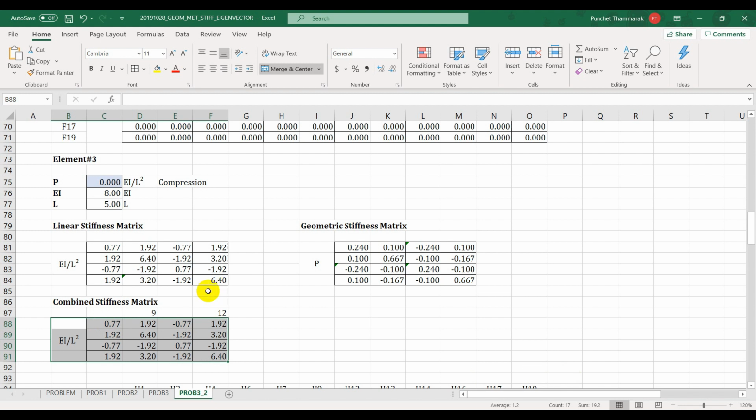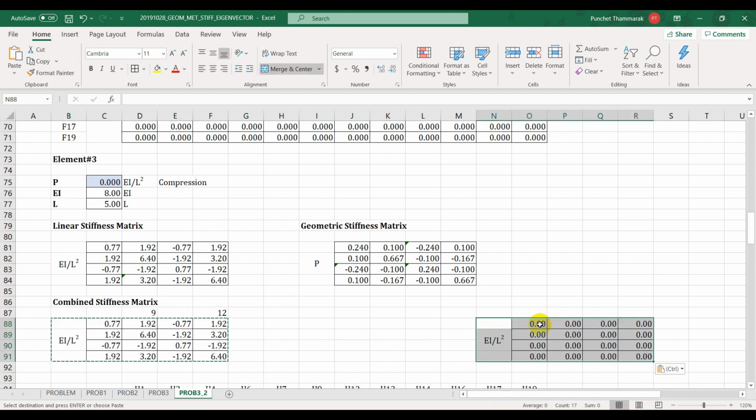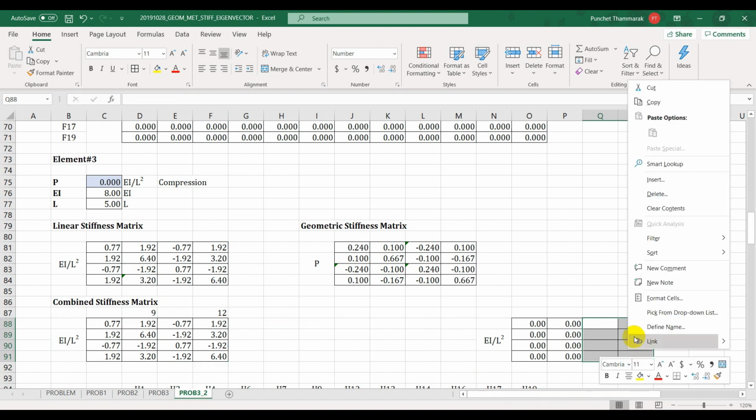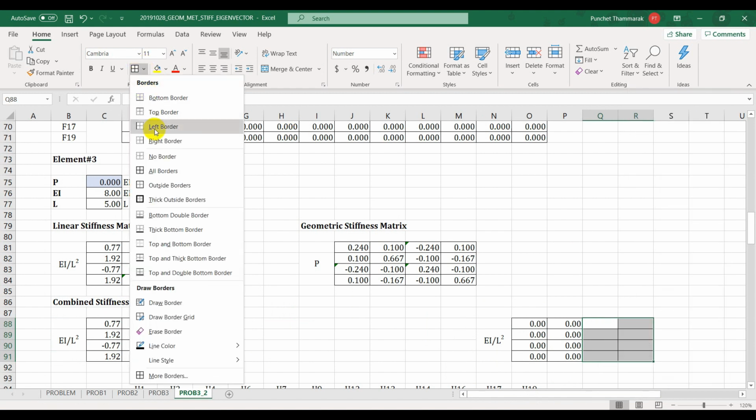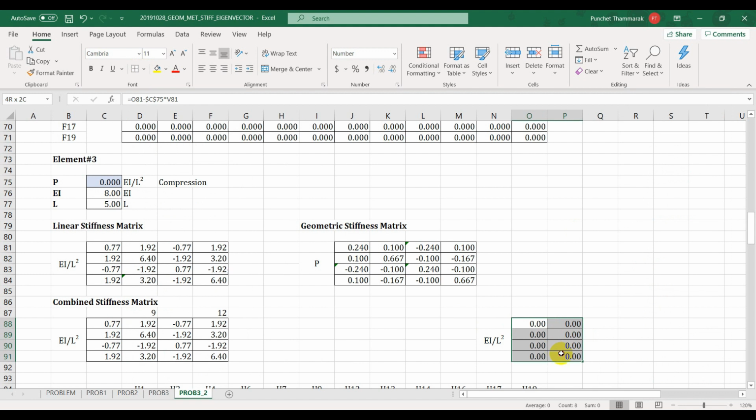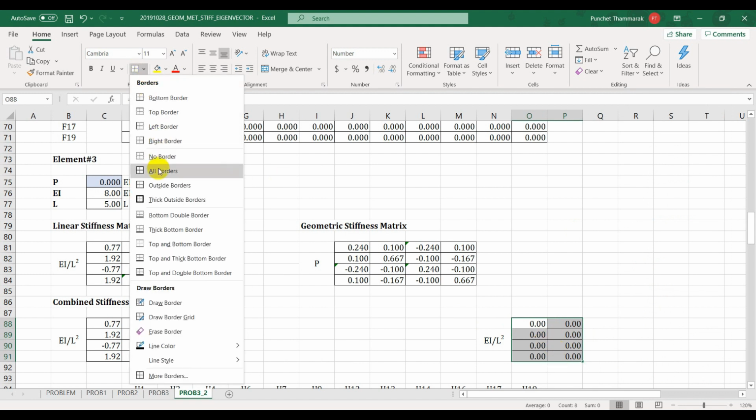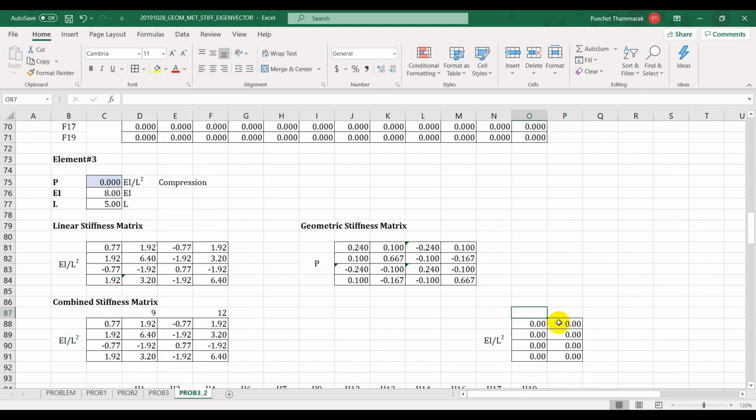Should I just copy first and paste over here? The degrees of freedom here and there are useless, right? They are 0, so I delete them and make the stiffness matrix a little smaller. This is associated with 9 and this is 12.